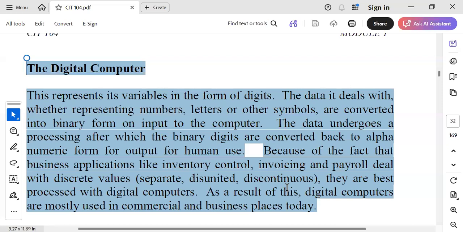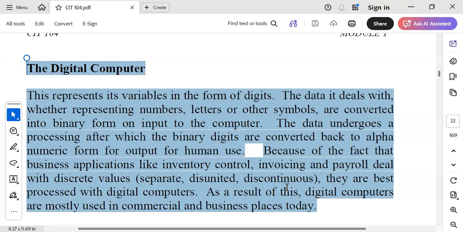What I understood in this passage is it talks about digital computers in different forms and digits. It represents numbers, letters, and symbols, which are converted to binaries or inputs.